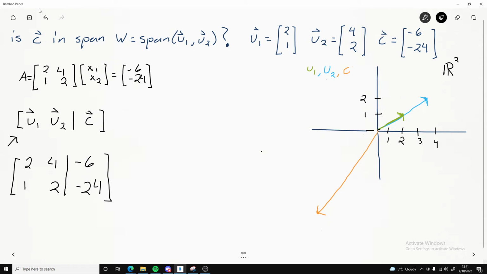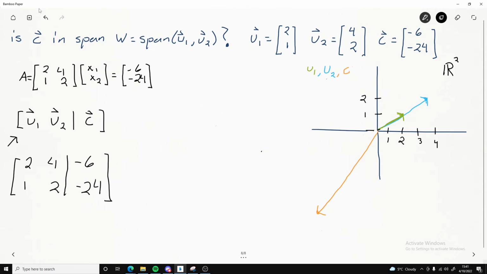And so let's go ahead and apply some elementary row operations in order to determine whether the system is consistent or not. If the system is consistent, meaning we have a pivot position in every column, such that it looks like this, or we have something like a 0 in the rightmost column of the augmented matrix, like this, then we're looking good. We're Bing chillin', as some would say.